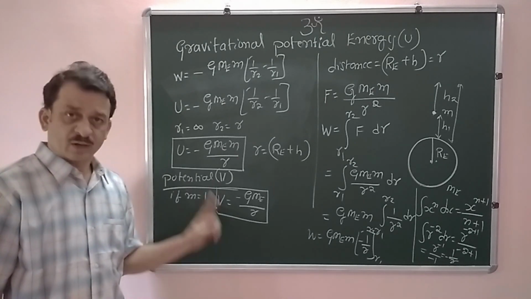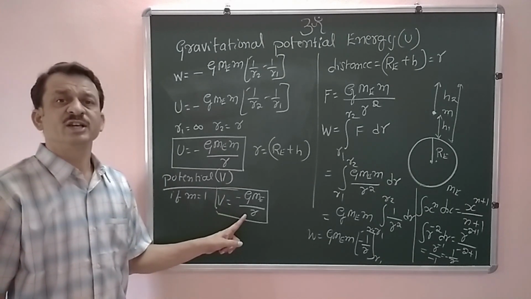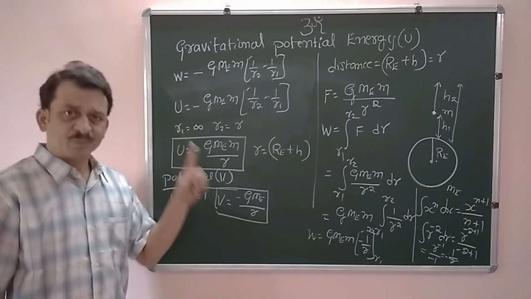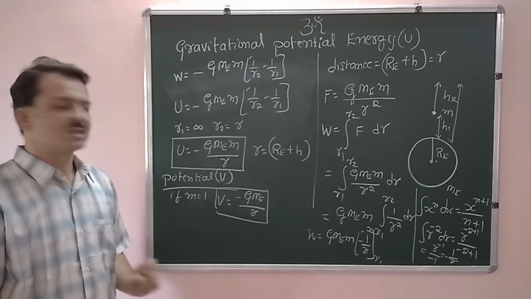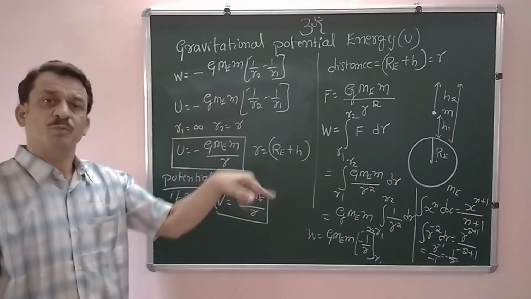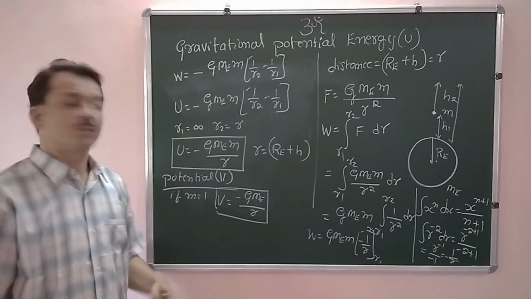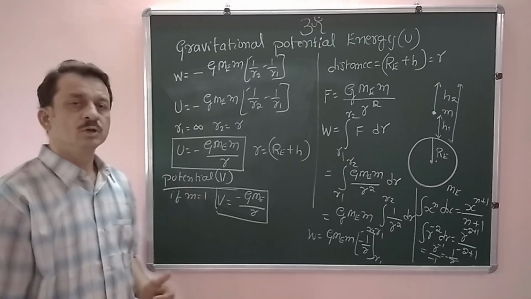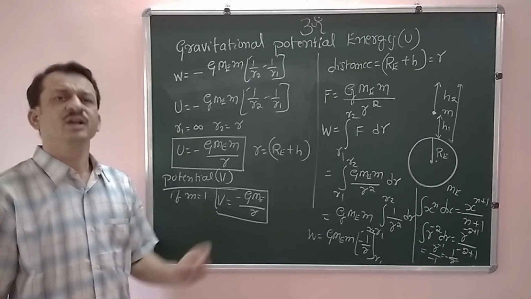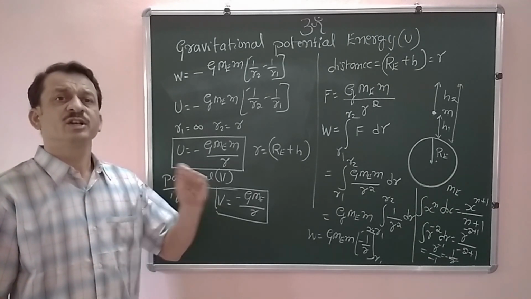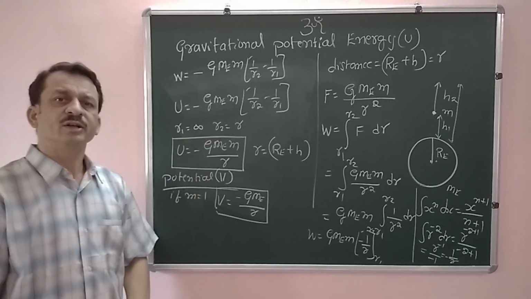Gravitational potential at a point is the potential energy at that point of a unit mass. It is the potential energy of a unit mass at that point, or in other words, gravitational potential. Now we will define gravitational potential at a point as the potential energy of a unit mass at that particular point.